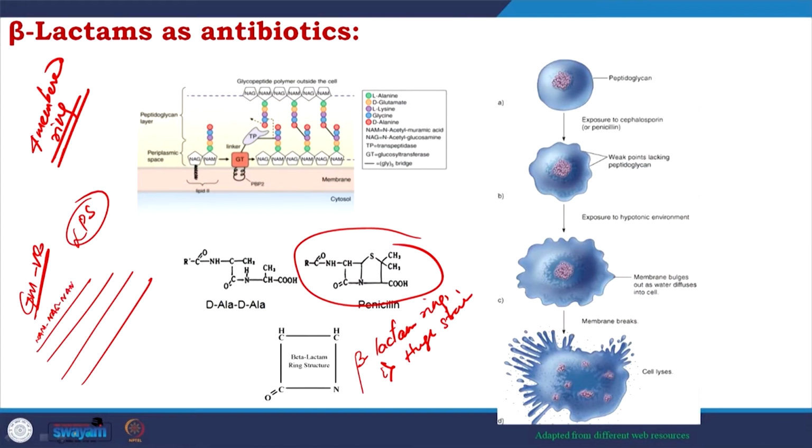NAM-NAGs. Who are NAM and NAGs? N-acetyl muramic acid, N-acetyl glucosamine. So, they want to cross link, and the cross linking is done by a pentapeptide, and where it cross links, there is DLA.